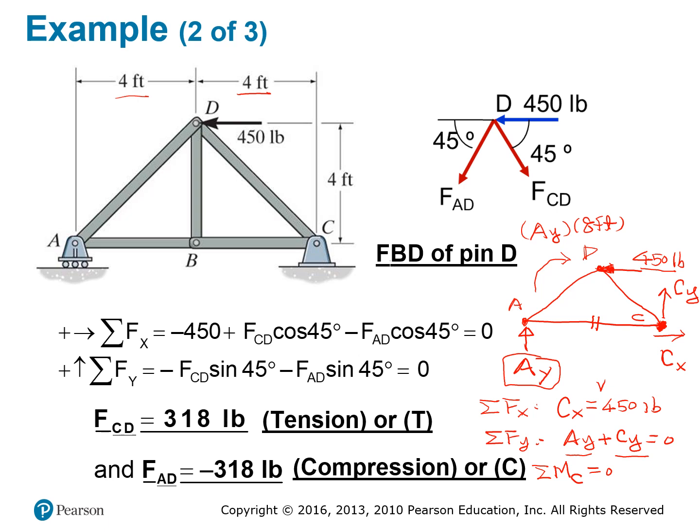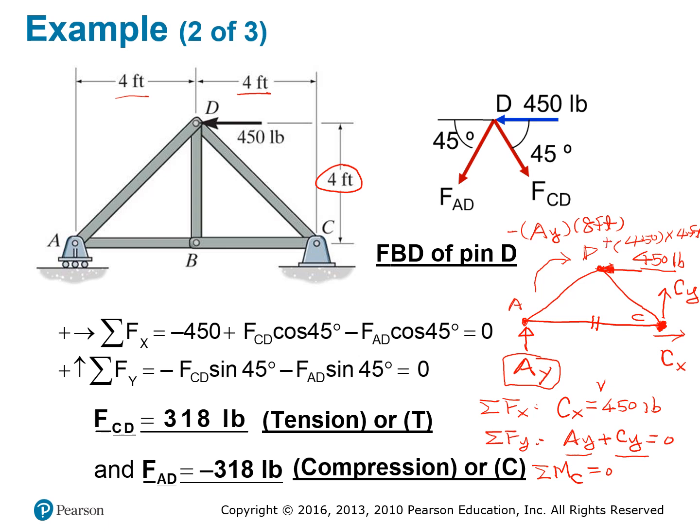So this one will create a moment which is 450 times the lever arm, where the lever arm should be this distance, 4 feet. And these two, you sum them together, should be equal to 0. One of them is negative, which is this one here. This is positive.